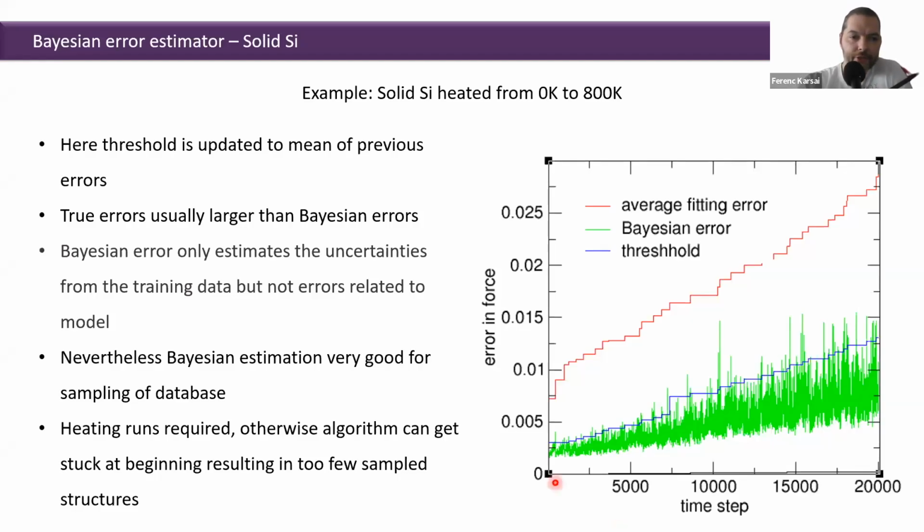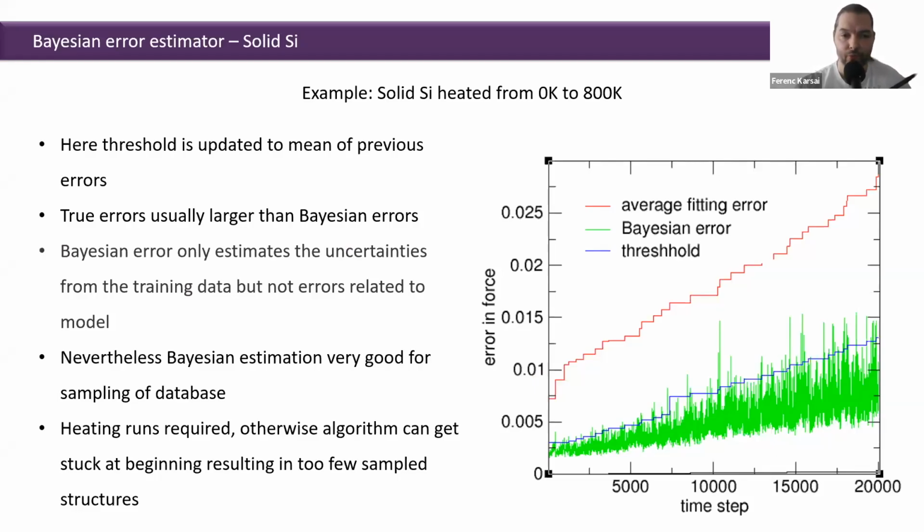It should also be mentioned that we need heating rounds. So from 0 to 800 Kelvin usually means that it goes up, because the error increases with increasing temperature. This is required because otherwise the threshold could be stuck at the beginning of the calculations, where the force field is bad and the Bayesian estimates are bad, and thus the threshold updates are bad.